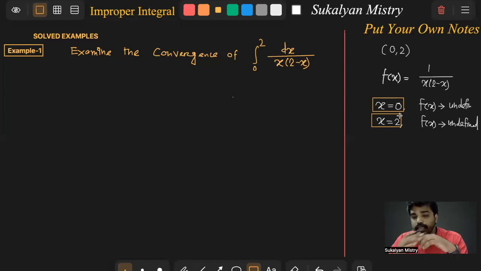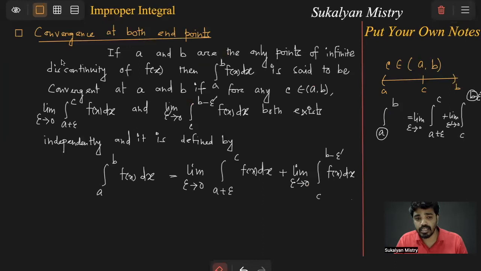Okay. Left end discontinuous, right end discontinuous. So now we have to check convergence at both end points, that is left end as well as right end.